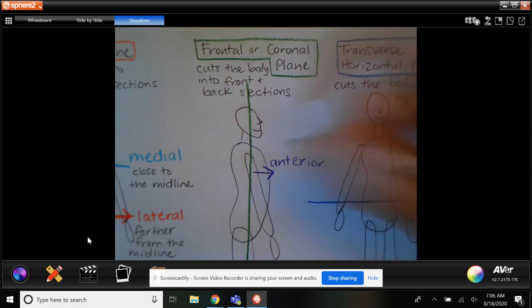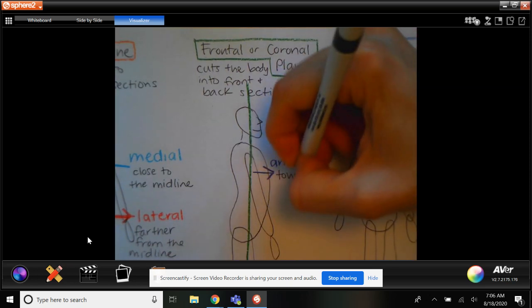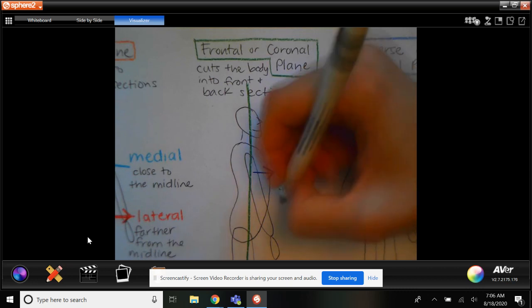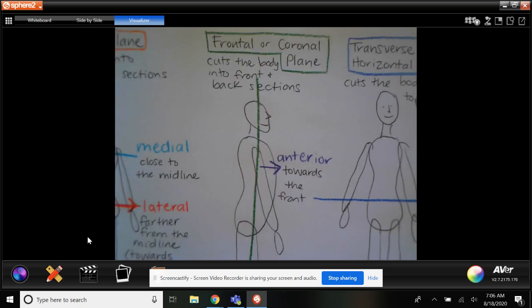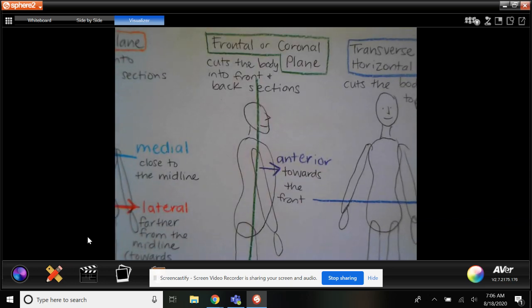Which means towards the front. For example, your belly button is on the anterior part of your body. This is also a word in Spanish, or you can think of like antes de, it comes first if it's anterior. Like if you're walking through a door, anterior comes first, antes de, the rest of your body.